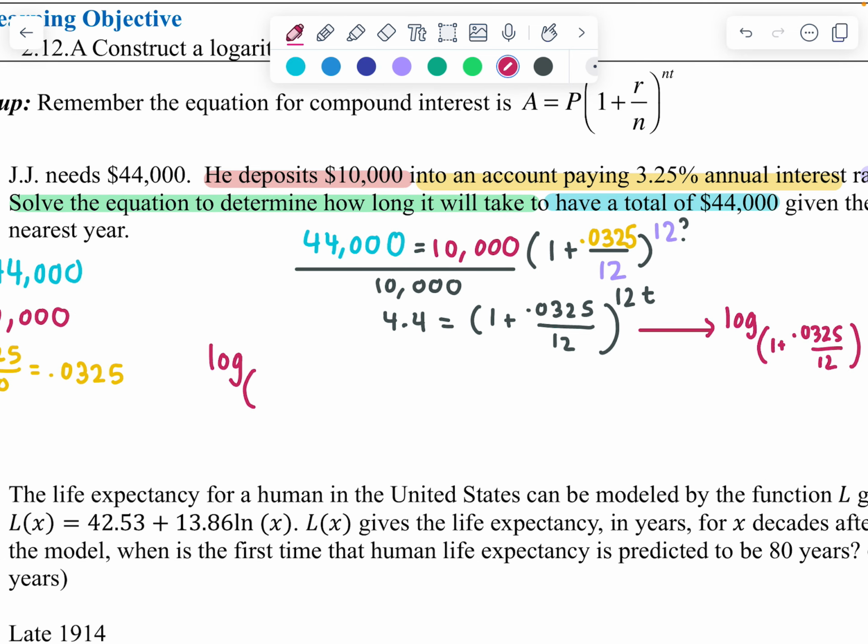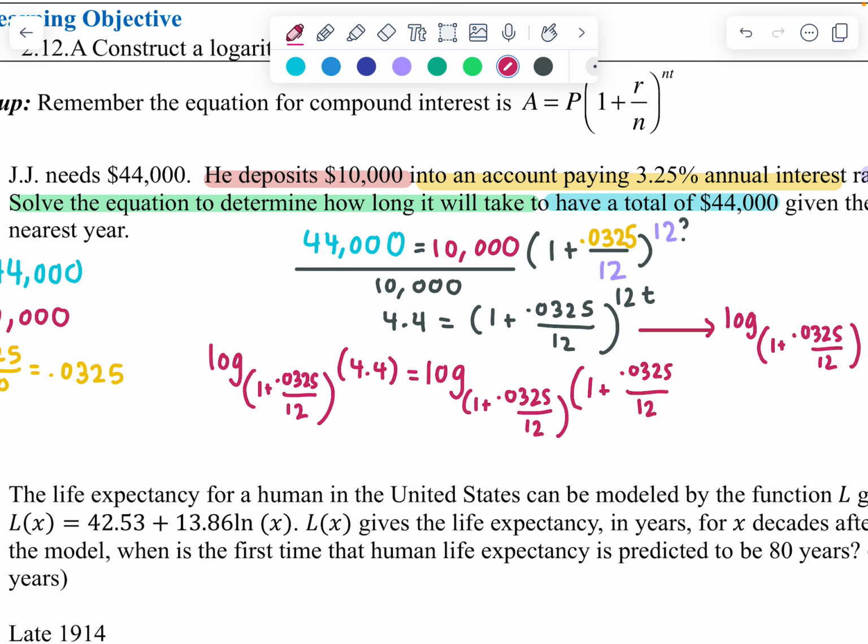Log base 1 plus 0.0325 over 12 of 4.4 equals log base 1 plus 0.0325 over 12 of 1 plus 0.0325 over 12 to the power of 12t.